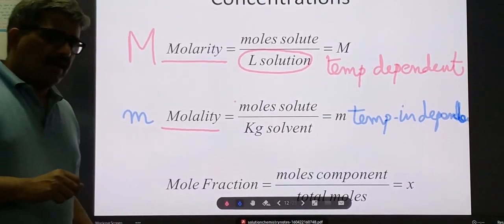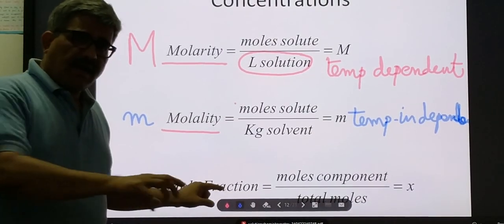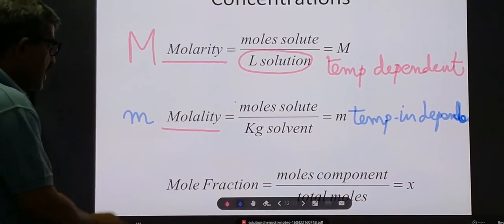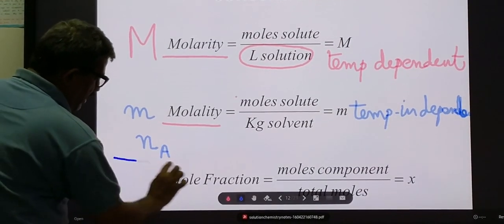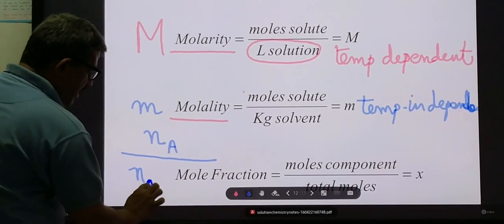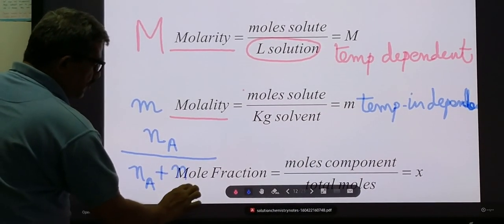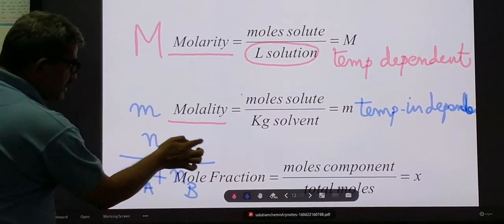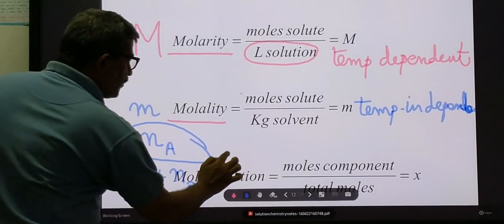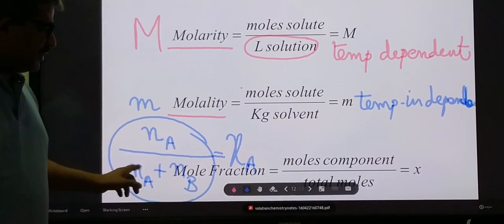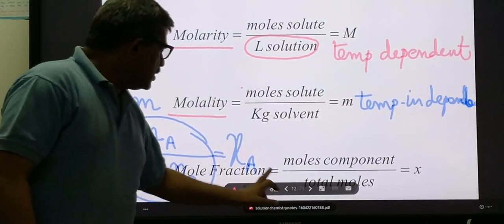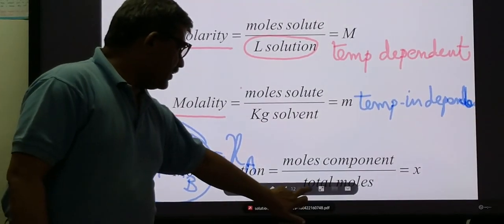If you remember in our last class, we were writing a big formula, that is number of moles of A by number of moles of A plus number of moles of B. This is mole fraction of A. This formula in the last class we have written at the end. Alright, so this is also temperature independent.